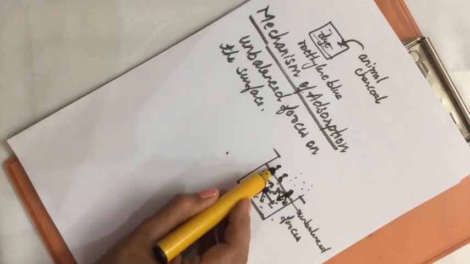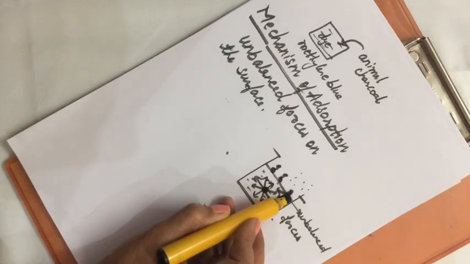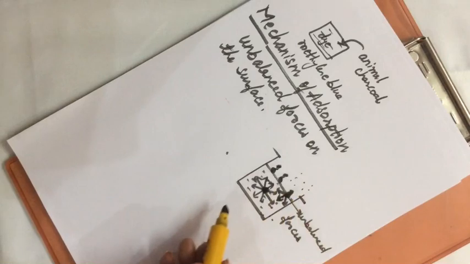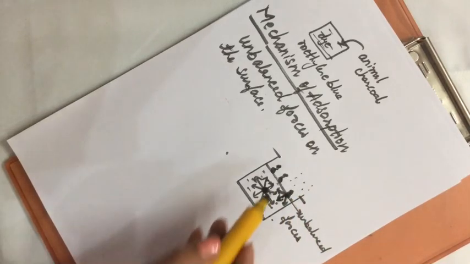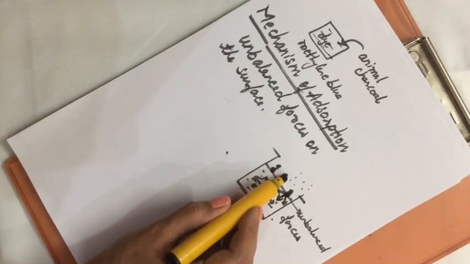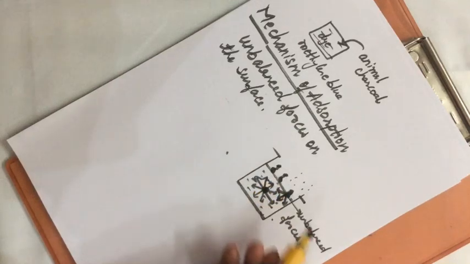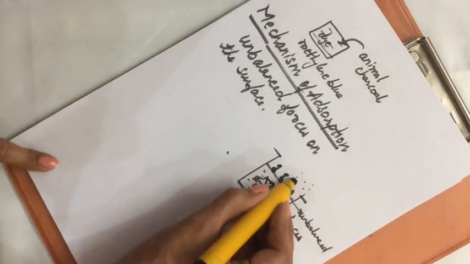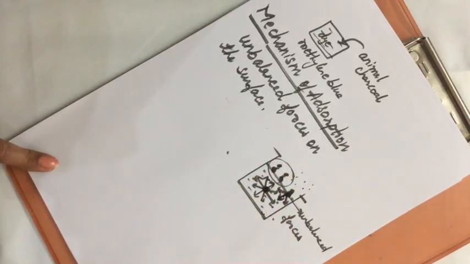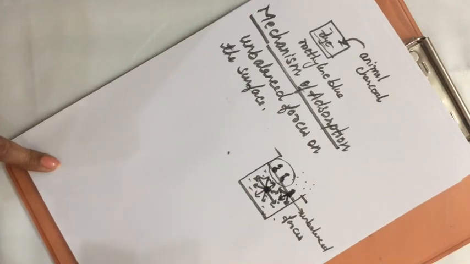So when unbalanced forces are there on the surface molecules, only then are they attracting molecules from outside and retaining them on the surface, and this phenomenon is known as adsorption. Which phenomenon has taken place here? Adsorption.